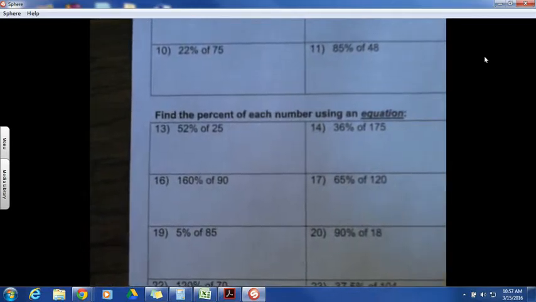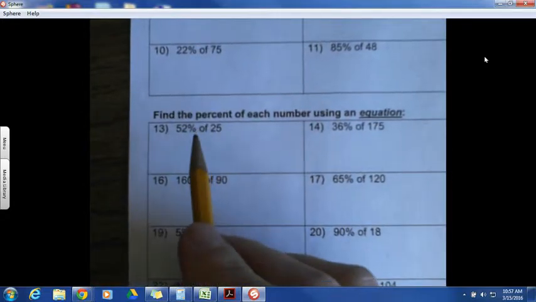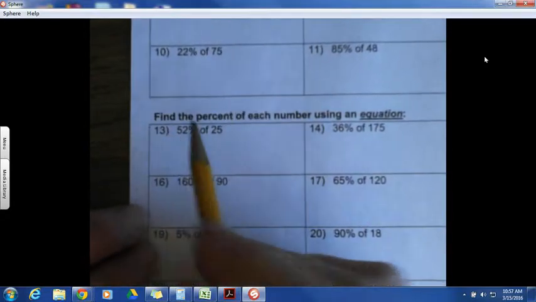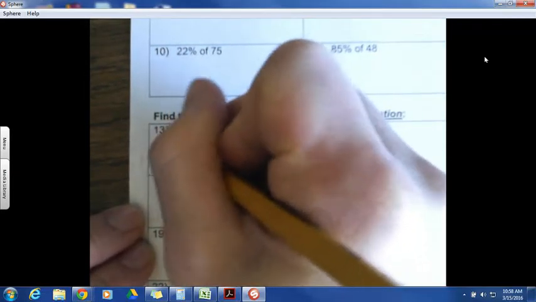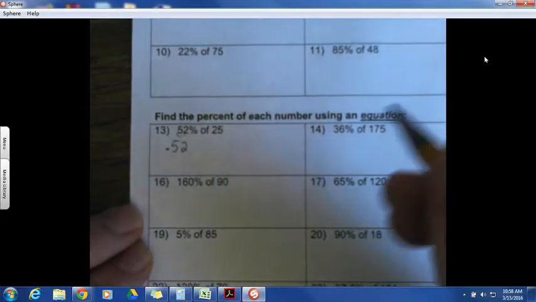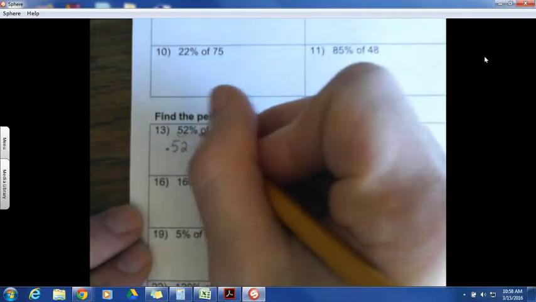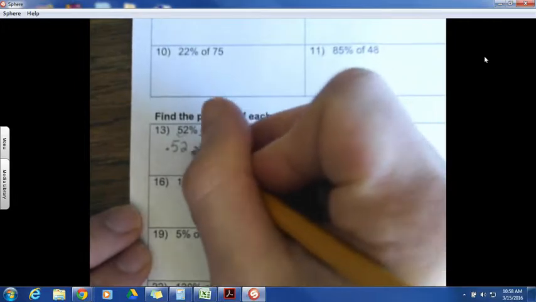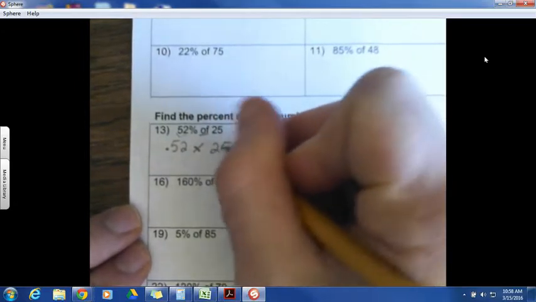Okay, so our two steps are to first turn this percent to a decimal. We're doing the equation method. So our decimal is 0.52. We move the decimal place 2 places to the left. Alright, and then since of means to multiply, we take that 0.52, multiply by 25.